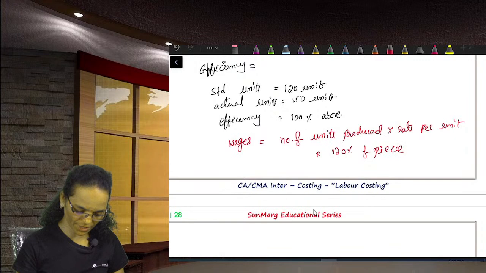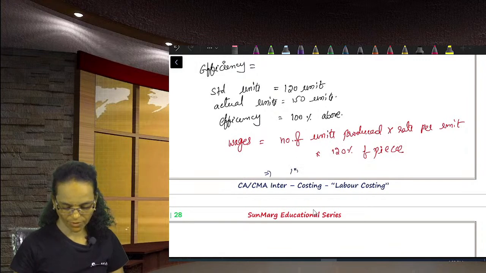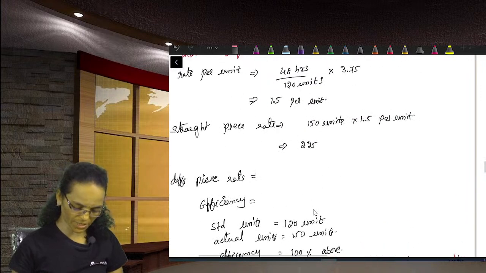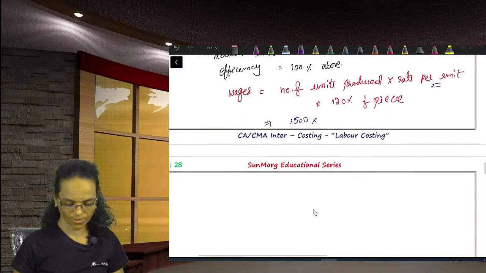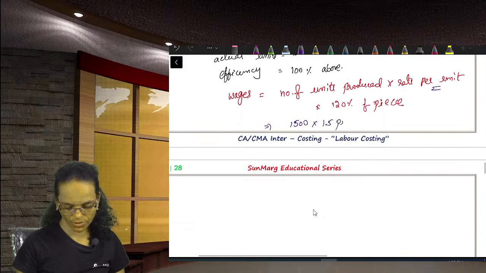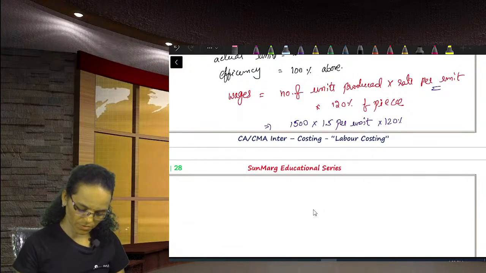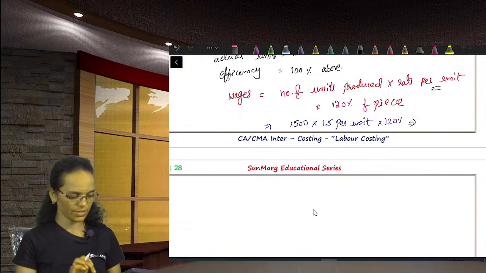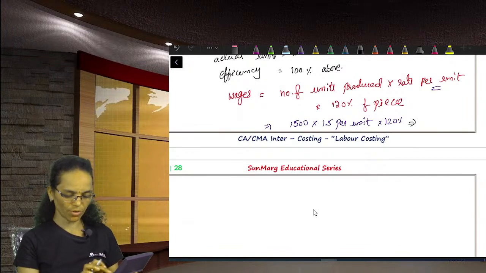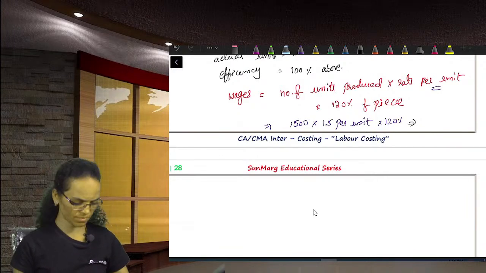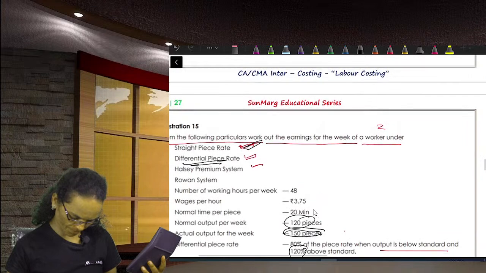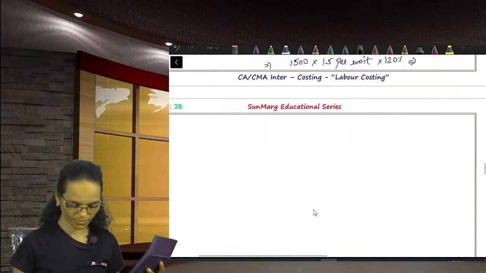So how can we write here? 150 units he produced and rate per unit, we have just calculated, is 1.5 per unit, into 120%. So directly I can write 150 units into 1.5 into 120%. That is 270.